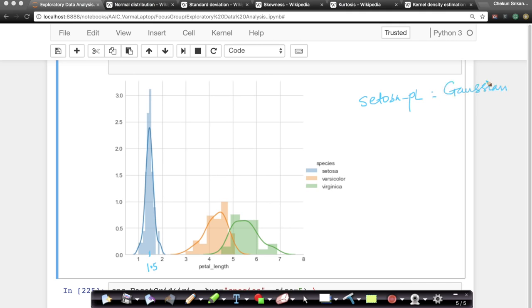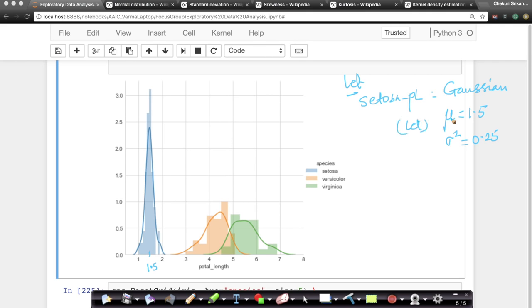I'm not saying it actually follows Gaussian distribution. And somebody tells me the mean of these values is 1.5, and the variance seems to be small here. I think we computed it earlier, but I'll just pick a value here. Let's assume the variance is 0.25.